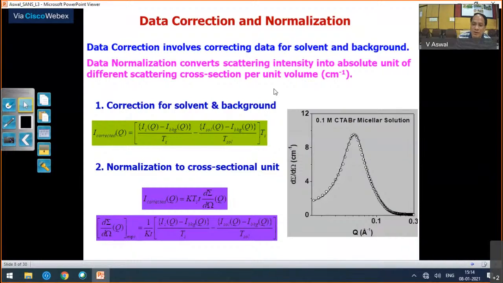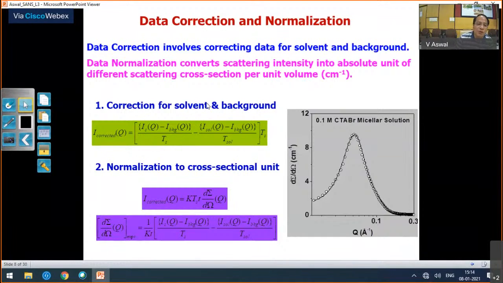So you should correct your scattering from the sample first for the transmission and second for the background. Whenever you have scattering from the sample, you will also make two additional measurements: one from the medium or the solvent itself, and the third will be the background.